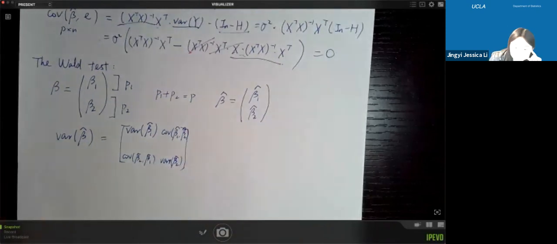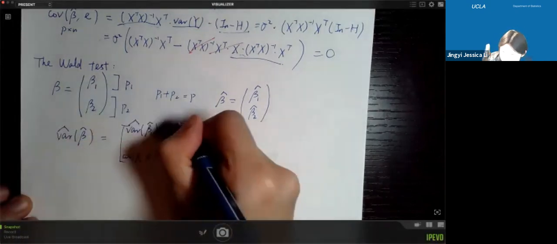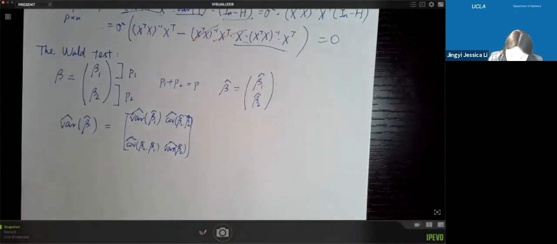Of course, I can put a hat on each one, using sigma square hat instead of sigma, and then do hypothesis testing.